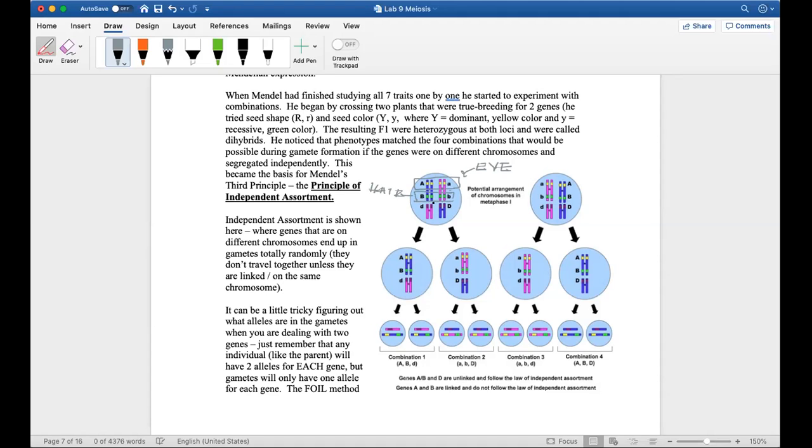And then you have another chromosome that has the gene D on it, and let's say that that's skin color. So we have these 2 are dominant. Let's just say that that's brown eyes, brown hair, and the recessive would be blue eyes and blonde hair. And then for skin color, let's have the D stand for dark. So if you have the big allele, the dominant allele, you're dark skin.